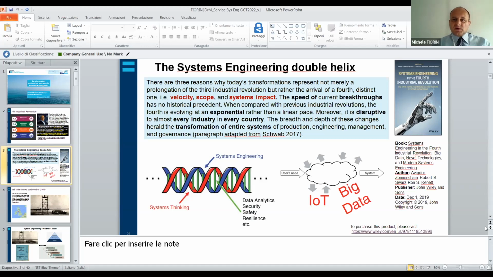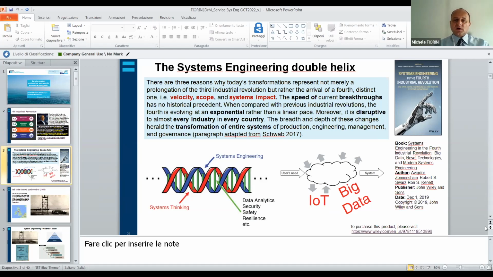What I love very much from this book is the double helical DNA schema, which combines two helicals, the red one and the blue one. The classic system engineering approach could be half of this helical, while a system thinking approach is the other half of the coin.